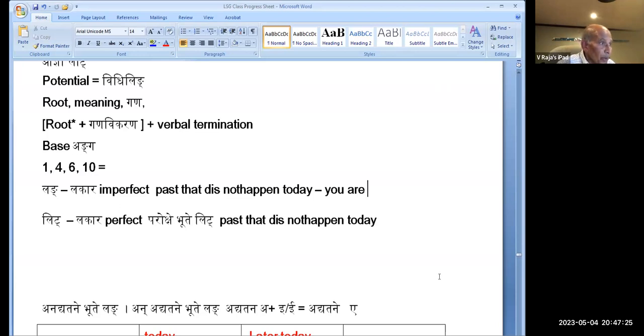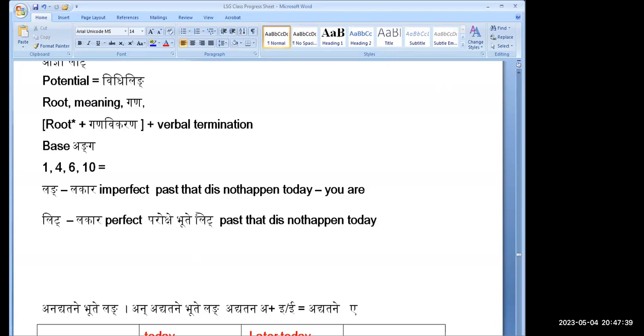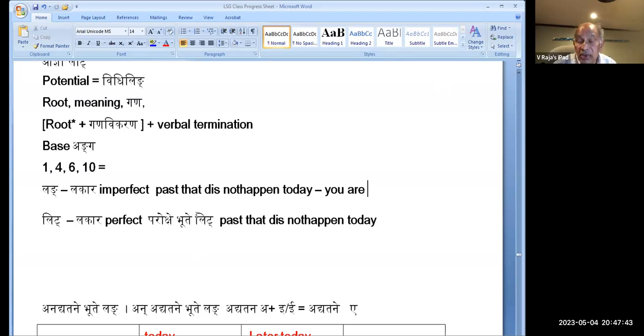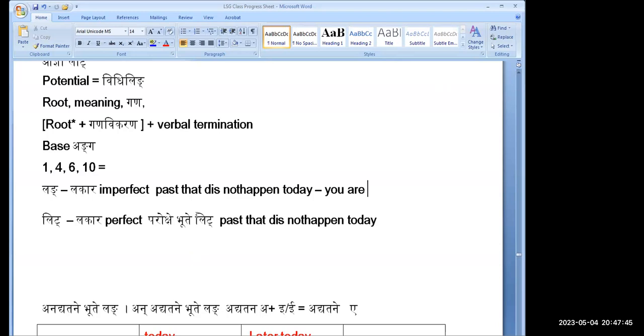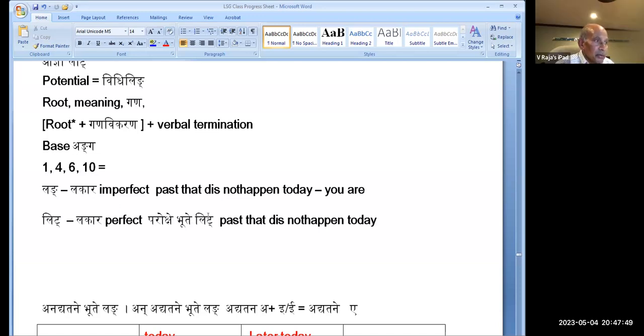Look at this. Parokshe bhute, lit. That means it's seen by para. Akshay means eyes. You are not a witness to that. Anything that you have not seen in Sanskritam, you have to use this lit lakara. Lit, right? Exactly. So parokshe bhute lit. I get it.